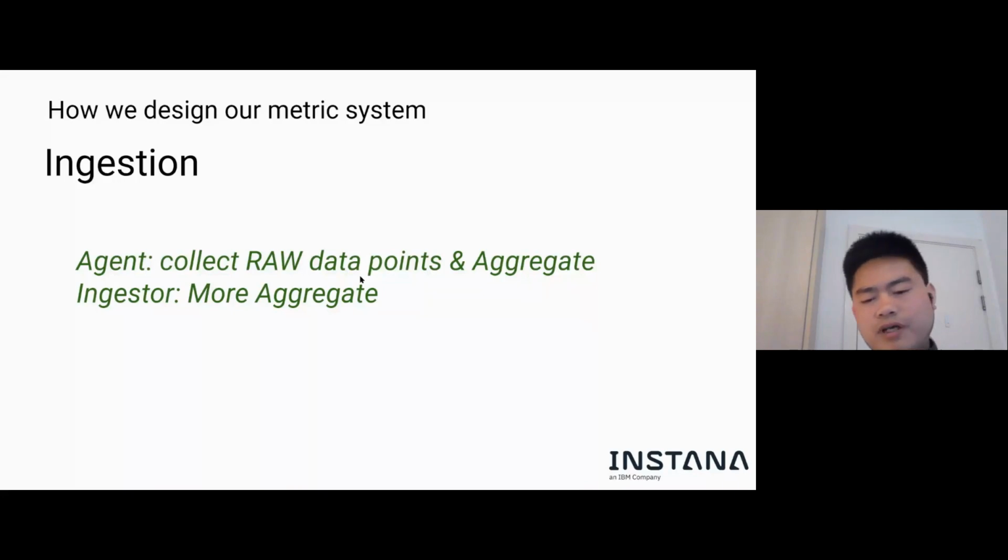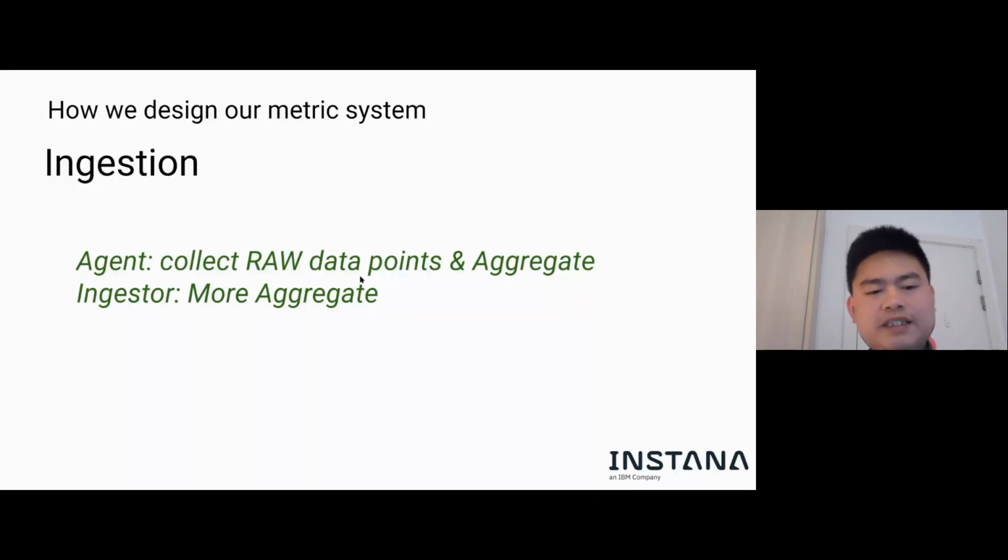The metrics can be basic metrics, infrastructure metrics, application metrics, metrics from Dropwizard, metrics from Prometheus, so multiple sources. The agent is very important because it is the component that interfaces directly with our customer's system, right?